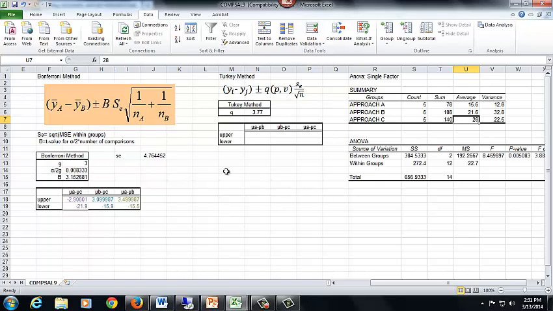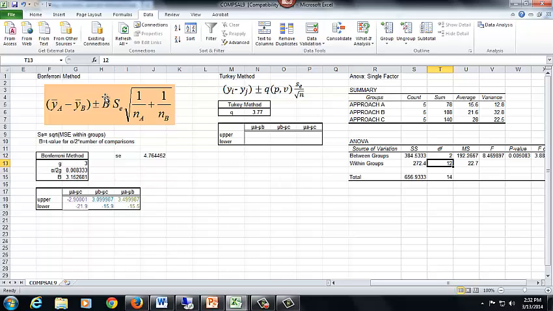So you're going to look up Q, given information about P and V. P is the number of means being compared, in this case 3, because there's 3 different approaches. And then V is N minus K, where K is the number of comparisons, I believe. Or K is the degrees of freedom, so K is going to be that 12.